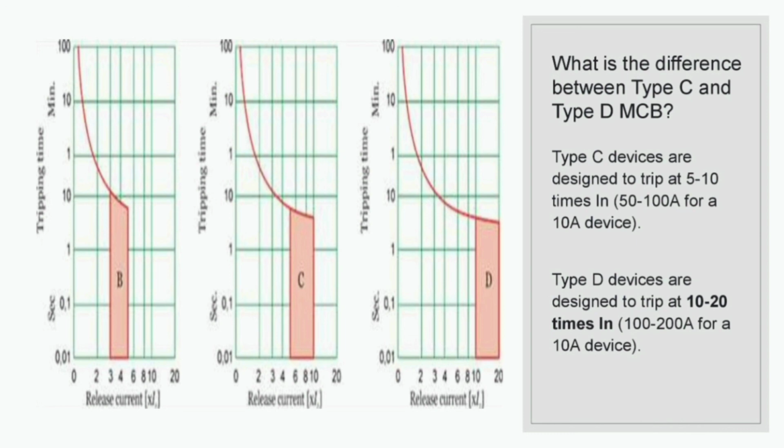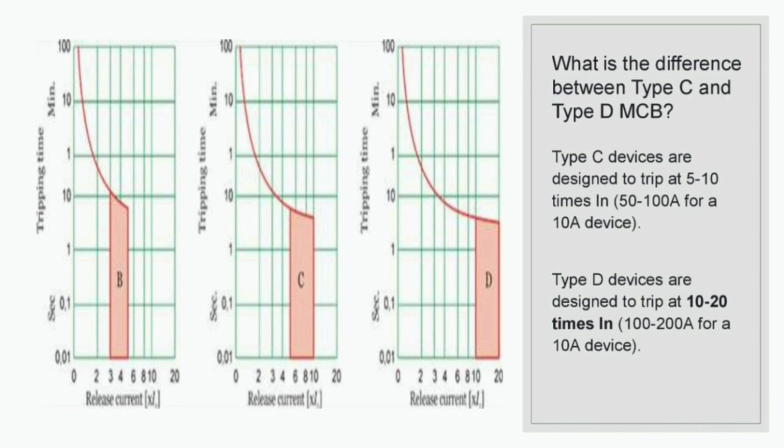D type MCBs will give some time to trip, but C type MCBs will trip before the D type. That means the C type device will protect the equipment better than the D type MCBs.